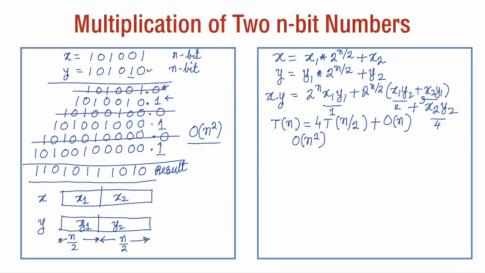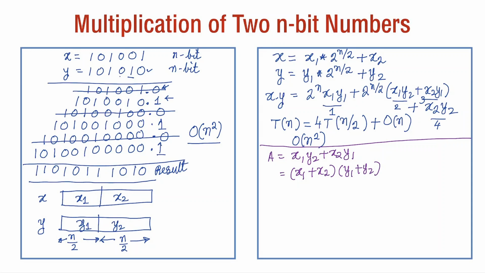So what we do is, this middle term x1 y2 plus x2 y1, we write a equal to, so we will now look at it in a different way, x1 y2 plus x2 y1. This a we will write down as (x1 plus x2) into (y1 plus y2) minus x1 y1 minus x2 y2.